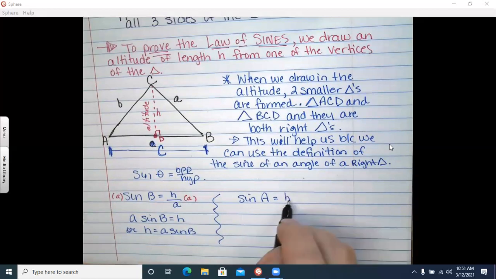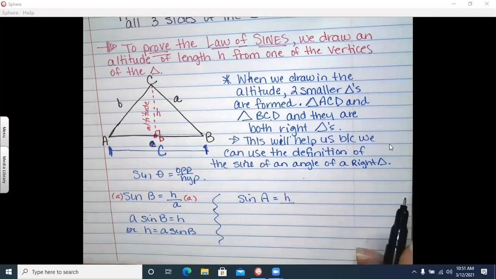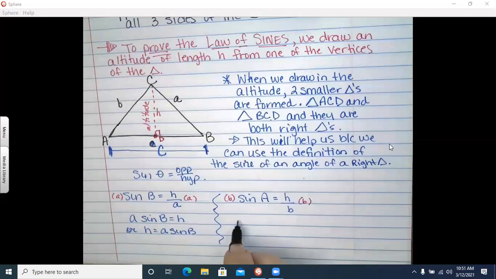Lowercase b. Again, we are going to isolate the H. So what do we do? Multiply both sides by B. So we have B times the sine of A equals H. Or if I want my H on the left side, H equals B times the sine of A.